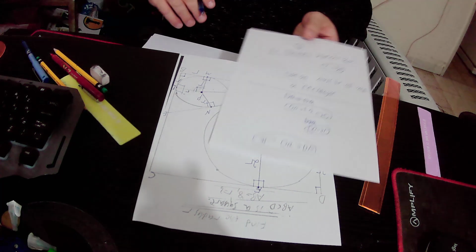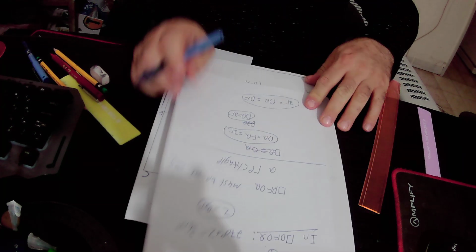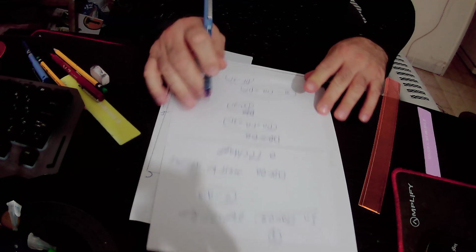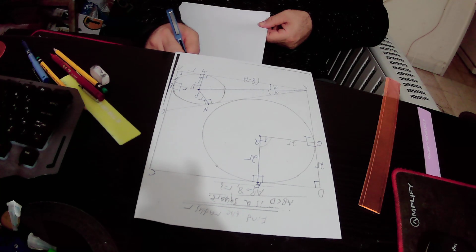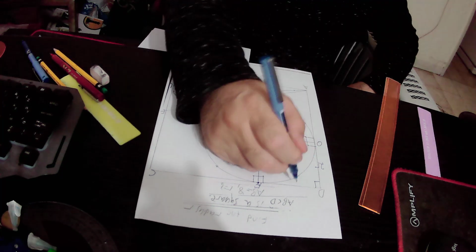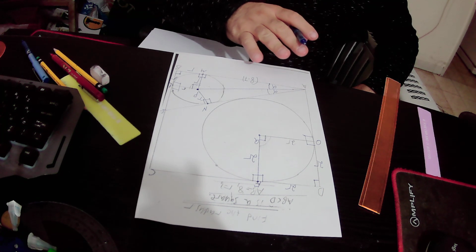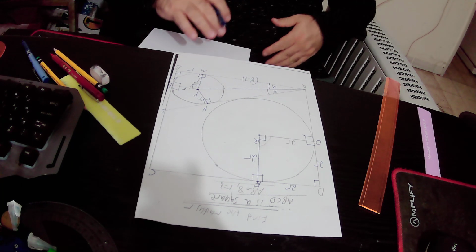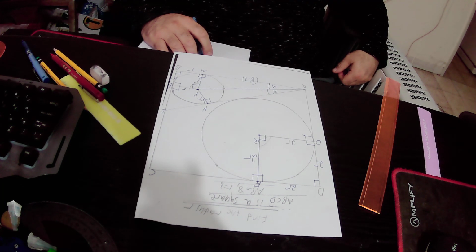So from this equality we will conclude that DF also equals 2R. So we write here that DF equals 2R. So as you can see, quadrilateral DFOQ is not just a rectangle but a square, because all of its sides are equal to each other, equal to 2R. So quadrilateral DFOQ is a square.